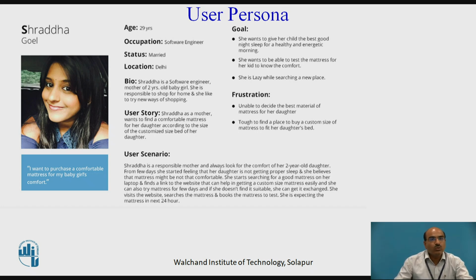The first and foremost thing is that you should know about the user. The user is 29 years old, a software engineer, married, located in Delhi. A brief biodata: she is a mother of a 2 year old baby, and she is responsible for shopping for the home as well as for the little one.